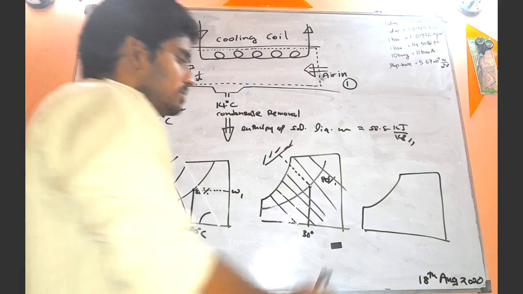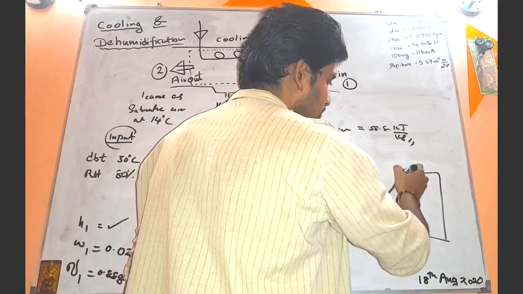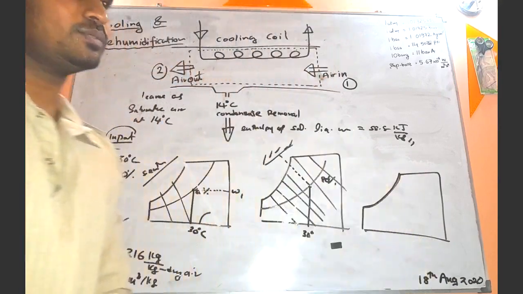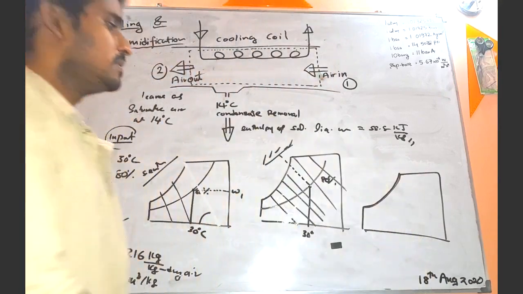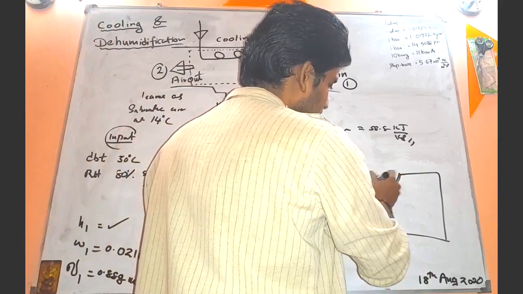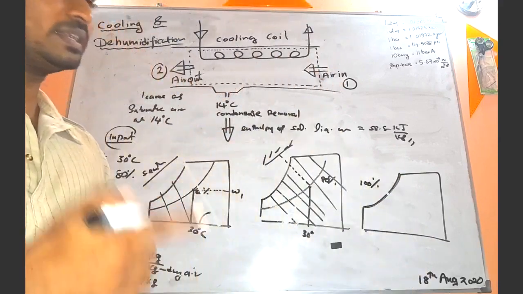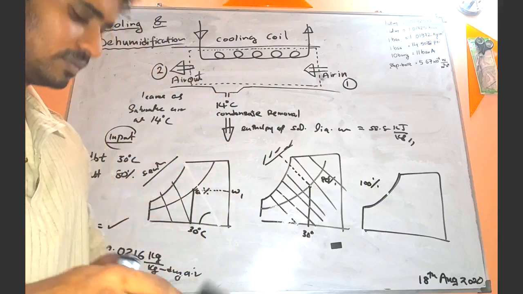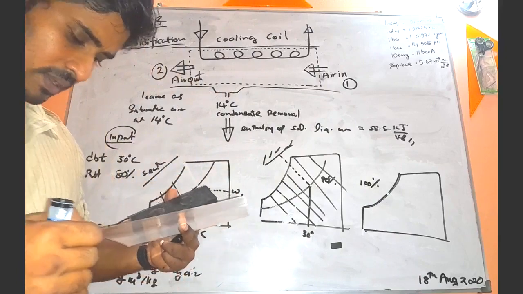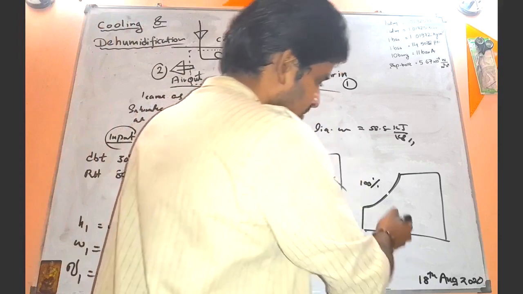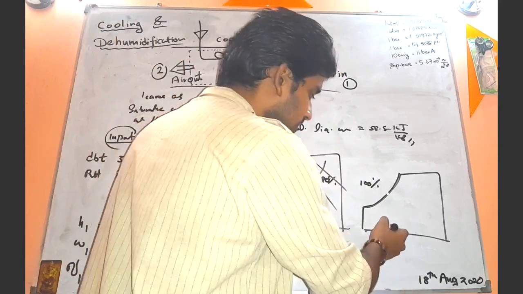Now you know this is the curve of saturation, where the relative humidity is 100%. So this is the 100% relative humidity line. Now select 14 degrees Celsius dry bulb temperature. The 14 degrees Celsius dry bulb temperature line is here.